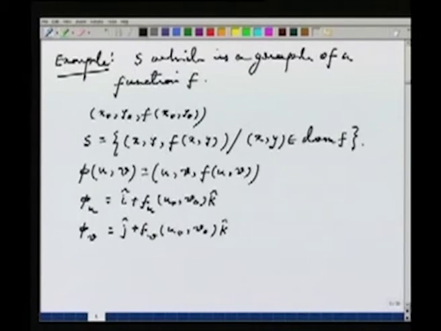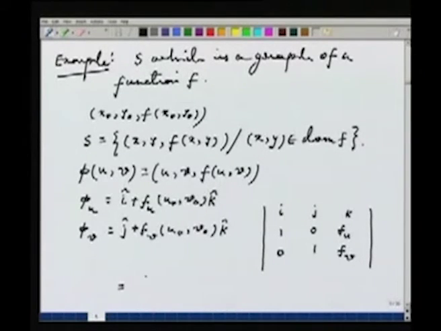Now, I can calculate phi u cross phi v. I will do the calculation here. I write it as the determinant with rows i j k, then 1 0 f u, then 0 1 f v. So, what do I get?